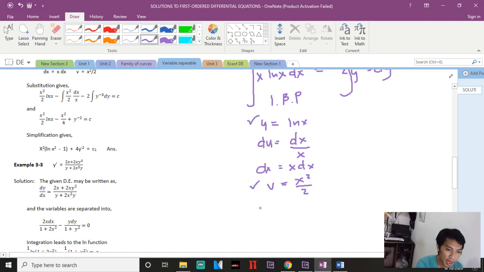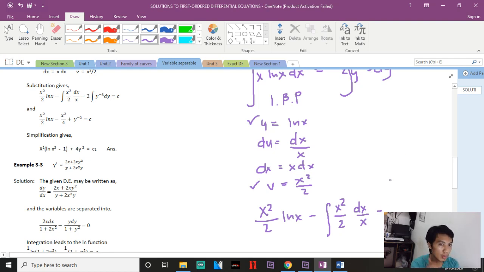So, uv is ln of x times x squared over 2, minus integral of v du. That is the integral of x squared over 2 times dx over x, minus 2 integral of y cubed dy equal to c, since I integrated the 0.